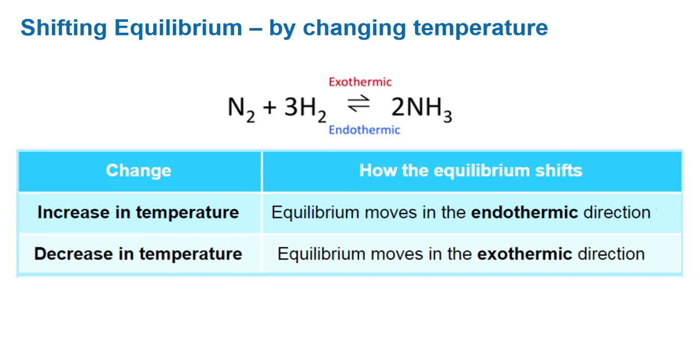Time is money in a factory. So, it is best to choose a moderate temperature to get more product, that is ammonia. So, in this reaction, the temperature has to be low in order to increase the yield of ammonia.